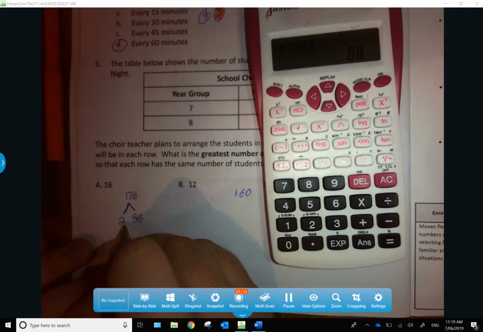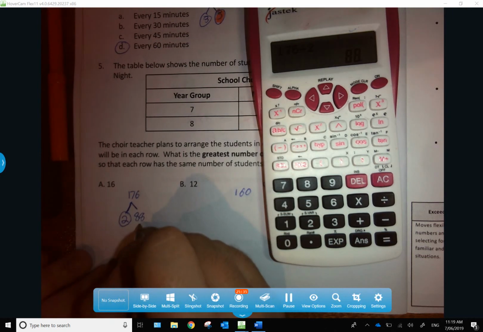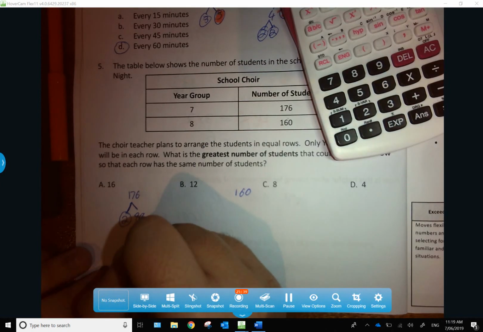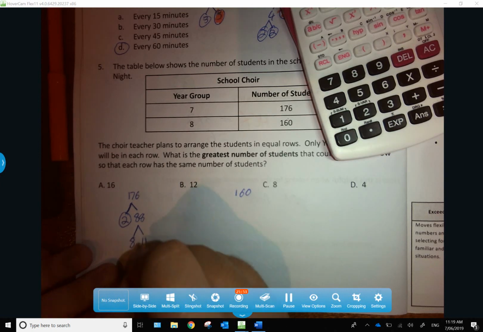Is 2 a prime number? Yeah, it is. 88, can I still break that down? Yeah, sure. Take this 88. 88 is the same as 8 and 11, because 8 times 11 is 88. Are any of those prime? Yeah, 11's prime, so let's circle that.